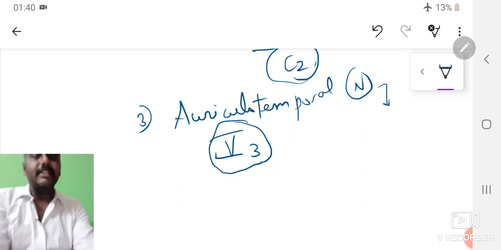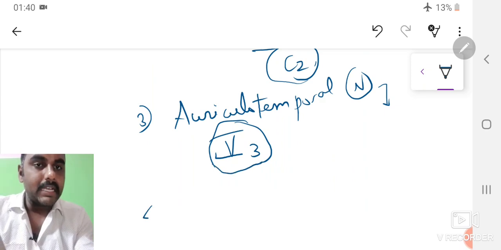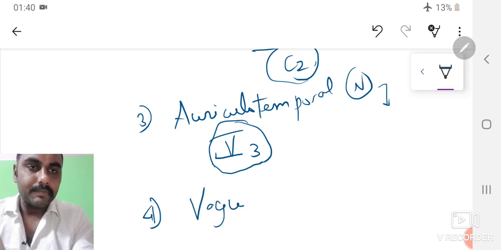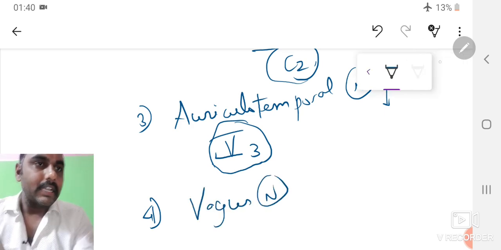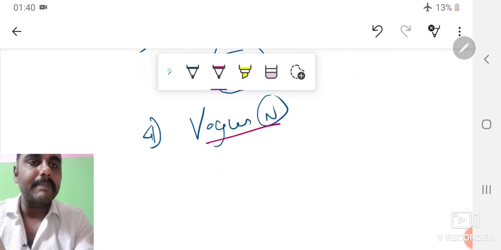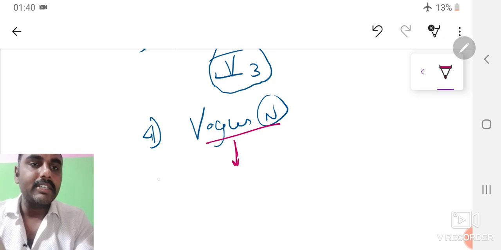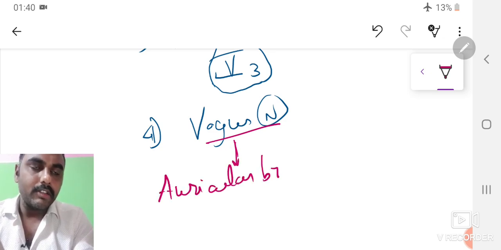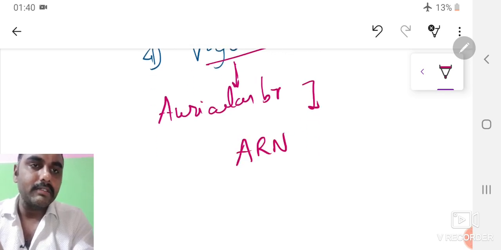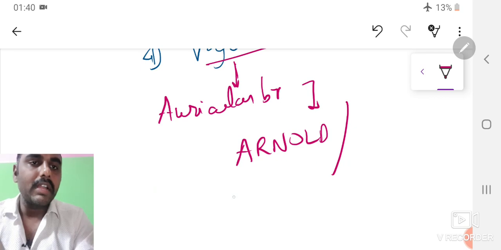Where do all these nerves supply? The pinna also receives a part from the vagus nerve. The vagus nerve which supplies the pinna is called the auricular branch of the vagus nerve, and the other names are Arnold's nerve or Alderman's nerve.